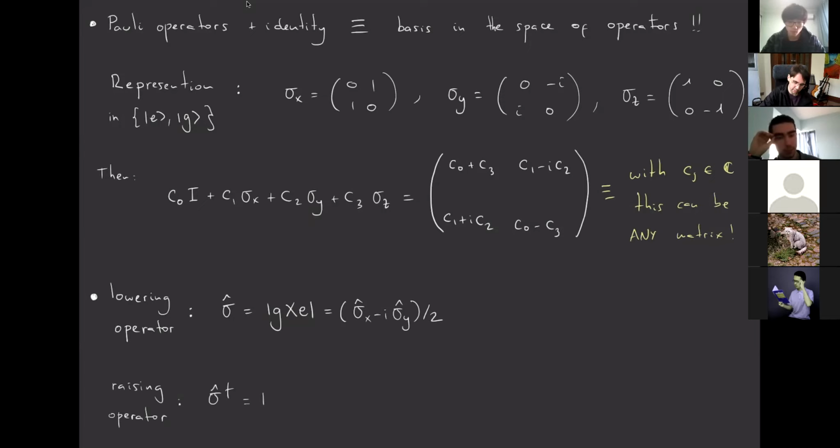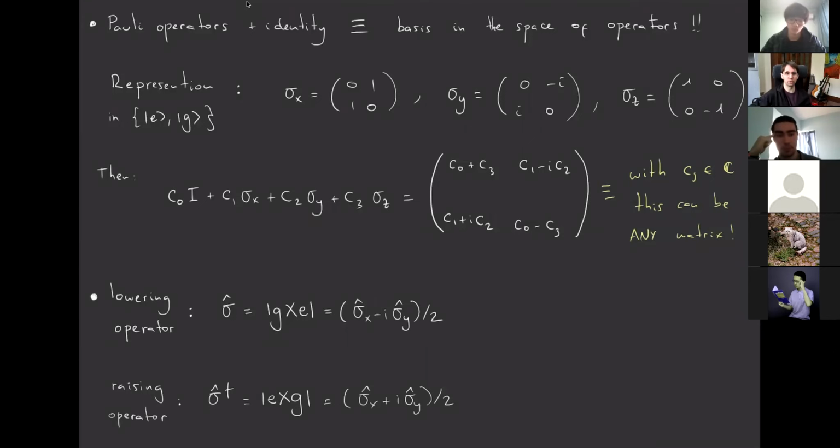And this is just the outer product between going to the excited state, coming from the ground state. And of course, it's just the dagger of the expression that we have written above, in terms of the X and Y Pauli matrices.